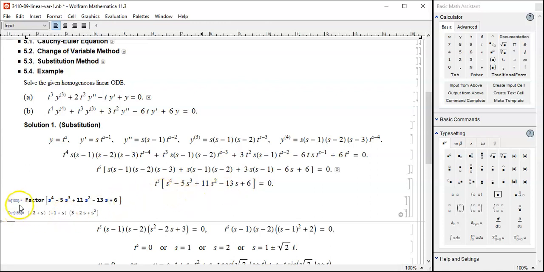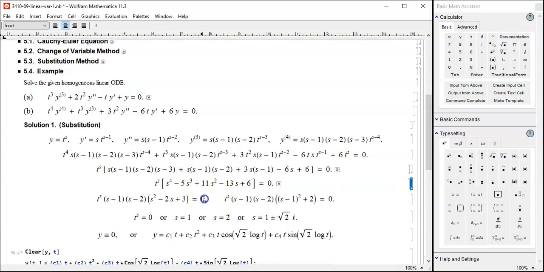So, use the factor command to factor it. So I got s minus 1, s minus 2, and then this quadratic irreducible. That's what I got. And this irreducible quadratic, I can simplify a little bit further by completing the square. So, do we have those characteristic values? s is 1, good. s is 2, another one.